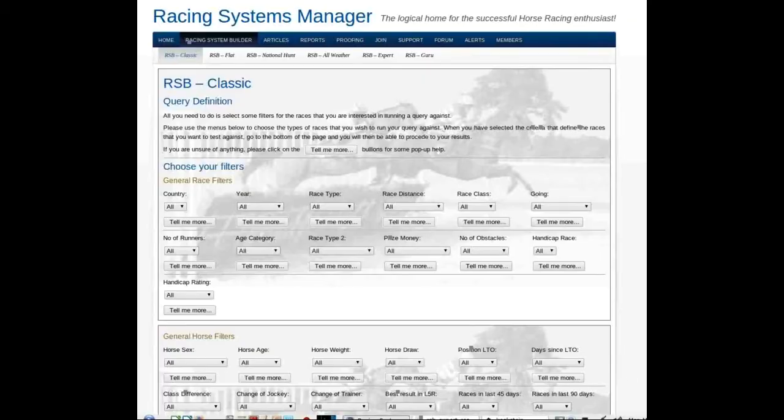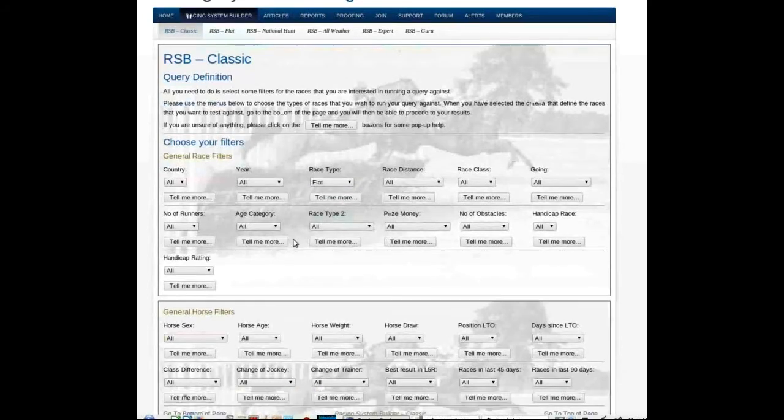Today I'd like to take a quick look at the Beaten Favourites strategy that I'm sure we've all employed at some point in our lives. But I'm going to go for a very specific application of this strategy. I'm only going to look at flat races for 2-year-olds, and because it makes sense to me, certainly non-handicap flat races for 2-year-olds.